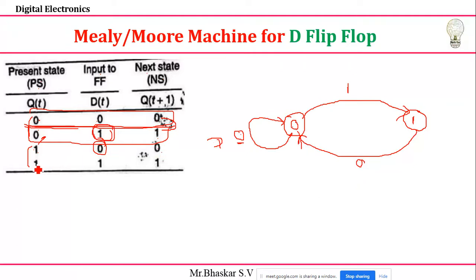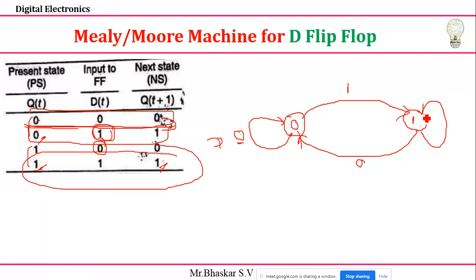Clear? So next, last condition, just check it out. This is my present state, so you need to consider here, and the next state value here is 1 only. So present state and next state values are both 1, which means I need to represent it with just a small arc here. And when it happens, the input is 1.